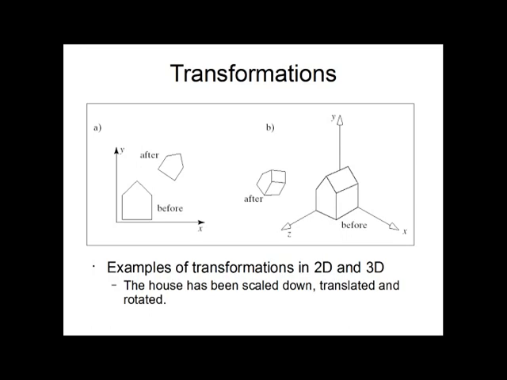So here are examples of transformations. In both cases, a house has been scaled, translated, and rotated, and we want to look at how this is done and in which order we need to do this to get the final image that we want.